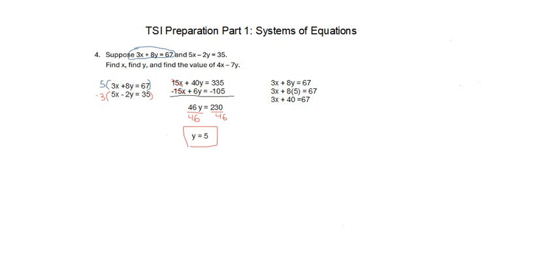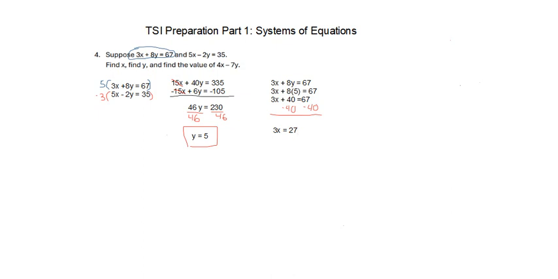All right, my goal is to get x alone, so anything that doesn't have x has to move. 40 has to move. No problem, I will subtract 40 from both sides. And when we do that, we get 3x equals 27.